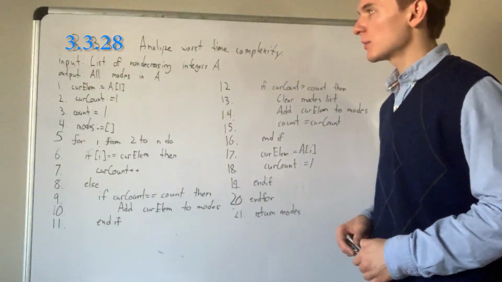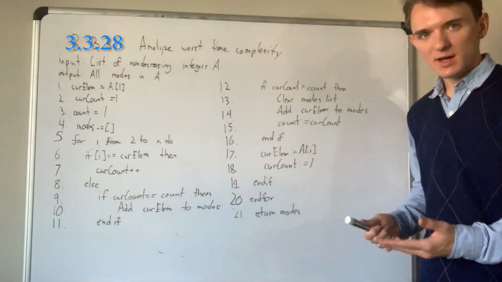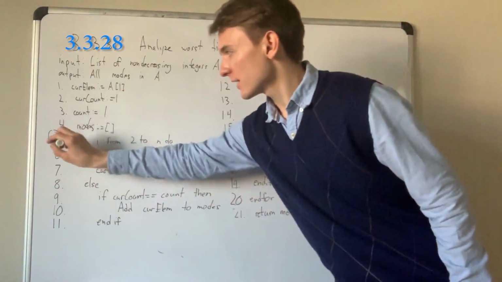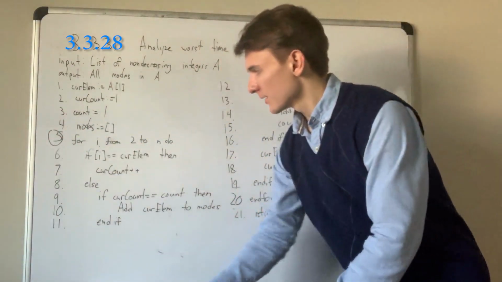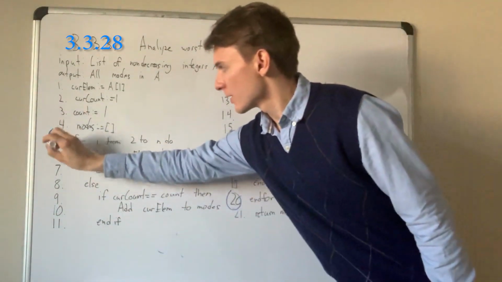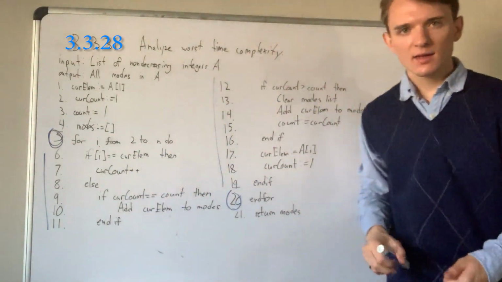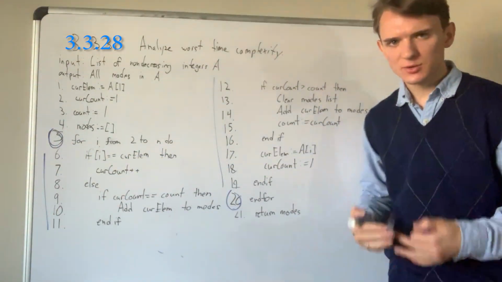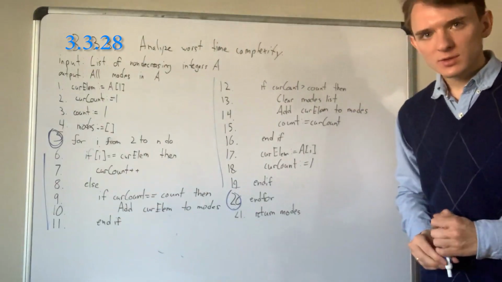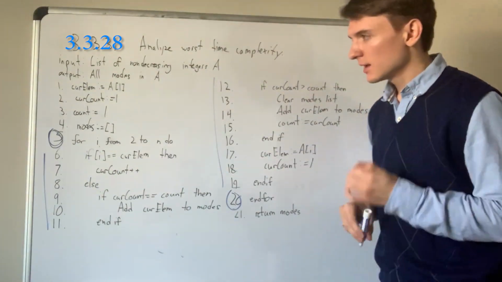Analyze worst time complexity. So I've written this algorithm here. Really nothing matters except for the loop. So starting at step 5 and ending at step 20, we have a for loop. All of the steps between those two steps, from 6 to 19, have constant runtime, right? There's no nested for loop. And because of that, we say that worst time complexity is just how many iterations we're doing here.